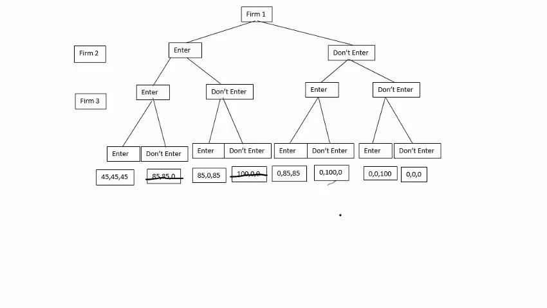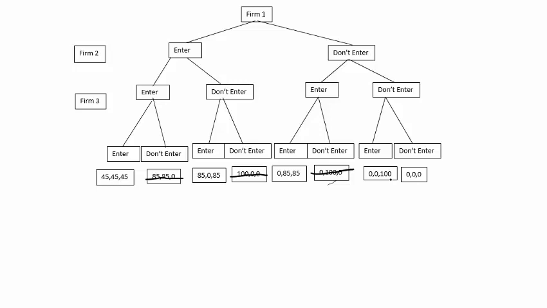And if firm 1 were to not enter and firm 2 was to enter, firm 3 would decide between entering and not entering and earn either 85 or 0 respectively. And since 85 is a bigger number than 0, firm 3 would choose to enter, eliminating don't enter as an option. And lastly for firm 3, if firm 1 was to not enter and firm 2 was to not enter, firm 3 would be deciding between 100 and 0.